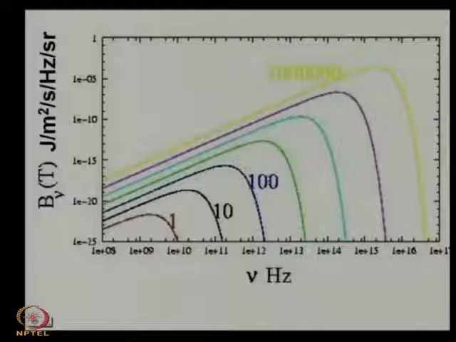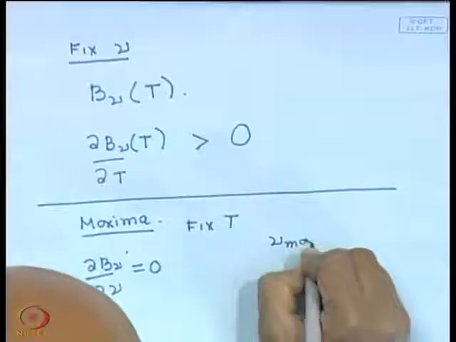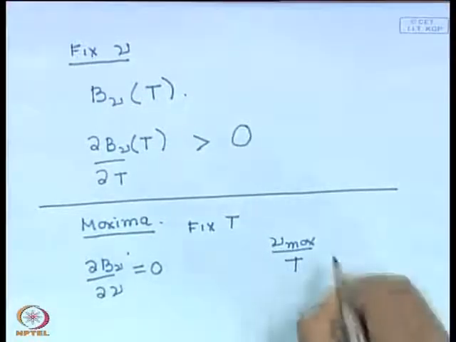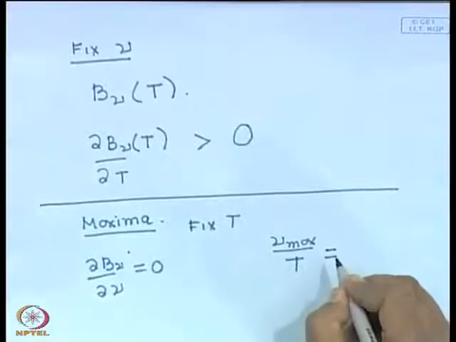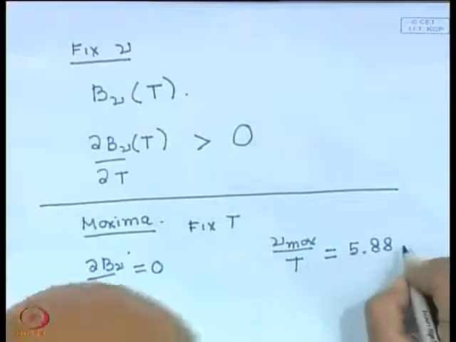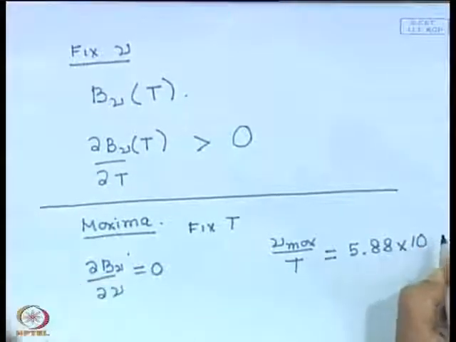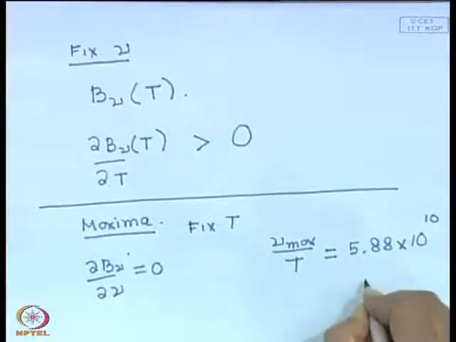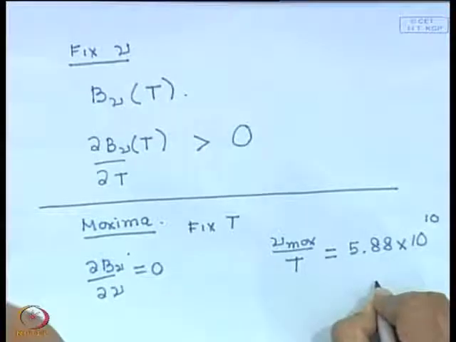And we see that if you do this exercise, or if you look at the curves over here, you will find that nu max by T is a constant, and the value of this constant is 5.88 into 10 to the power 10 hertz by Kelvin.